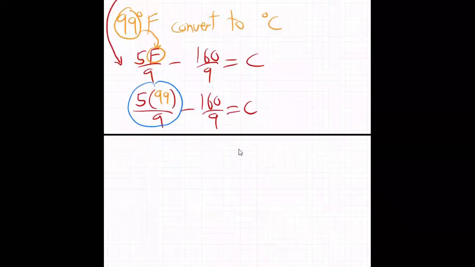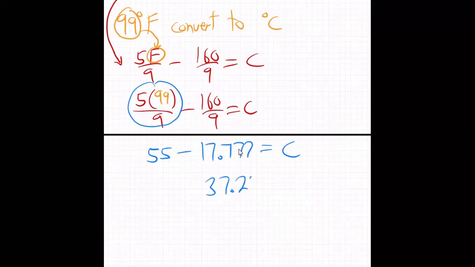If you type this in your calculator, it'll be 55 minus 160. Now that's going to be some ugly decimal like we talked about. It's going to be 17.777 equals C. Subtract those, and I'm getting 37.2222 C on that.